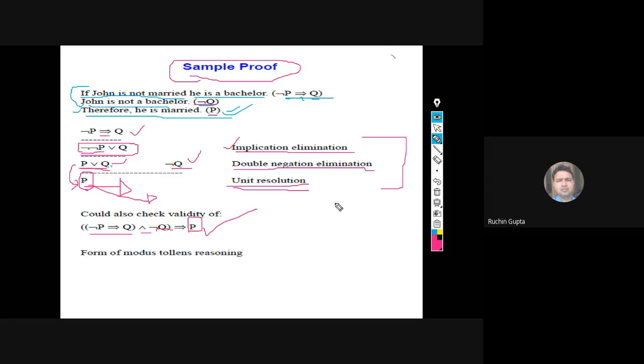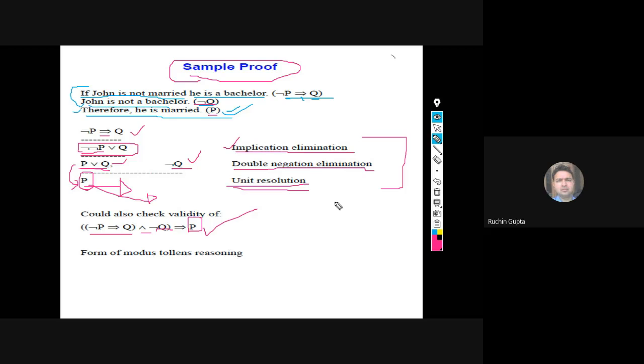So you may be asked to solve a question using the rules of inference, but the problem is that you need to remember all these rules and practice them, and only then will you be able to solve the problem.